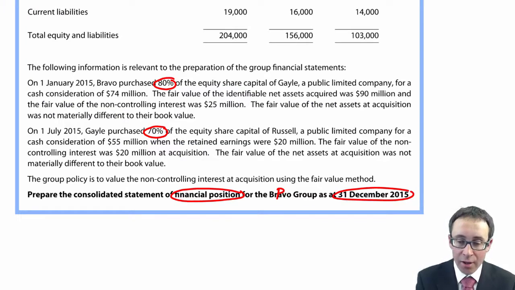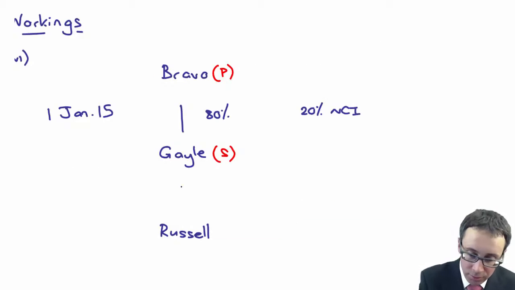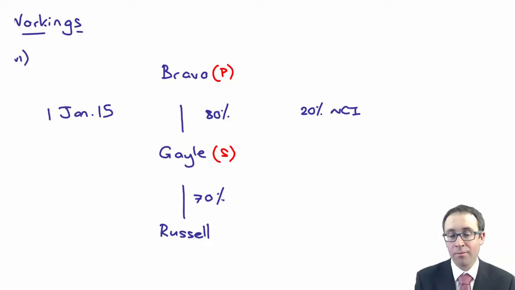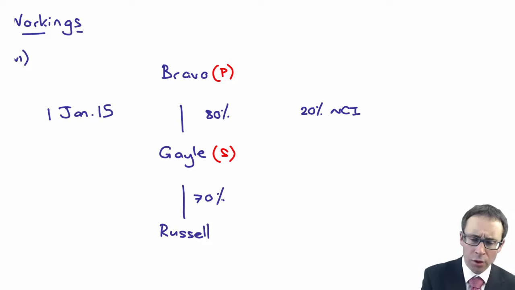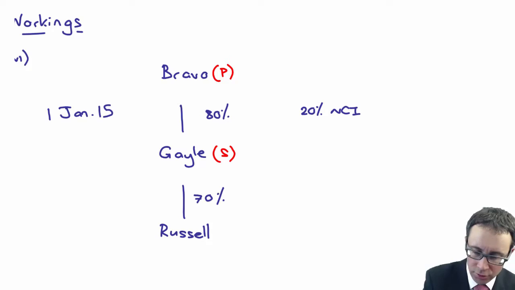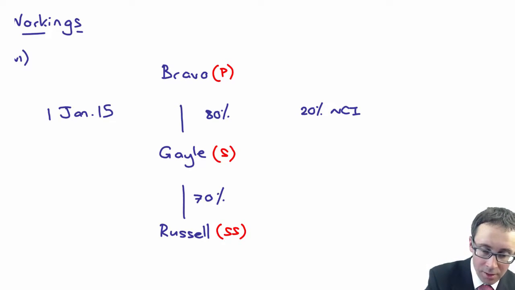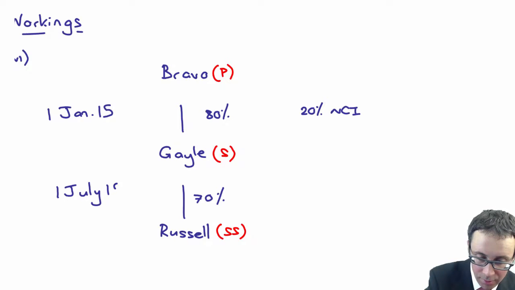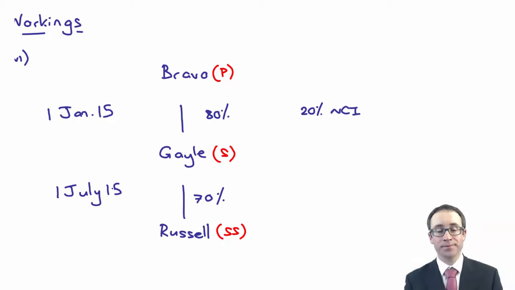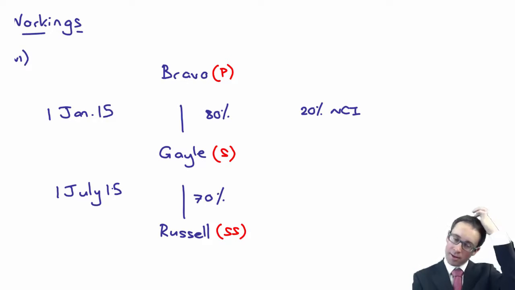On the 1st of July, Gale purchased 70% of Russell. So again, the parent has control of the sub, and the sub has control of Russell. So Russell is now a subsidiary. And that took place on the 1st of July 2015. Okay, so part way through the year.